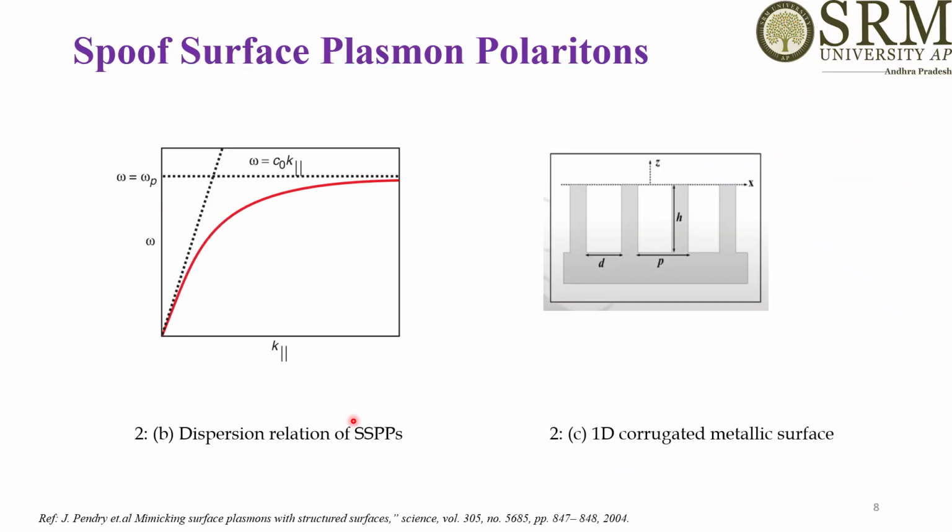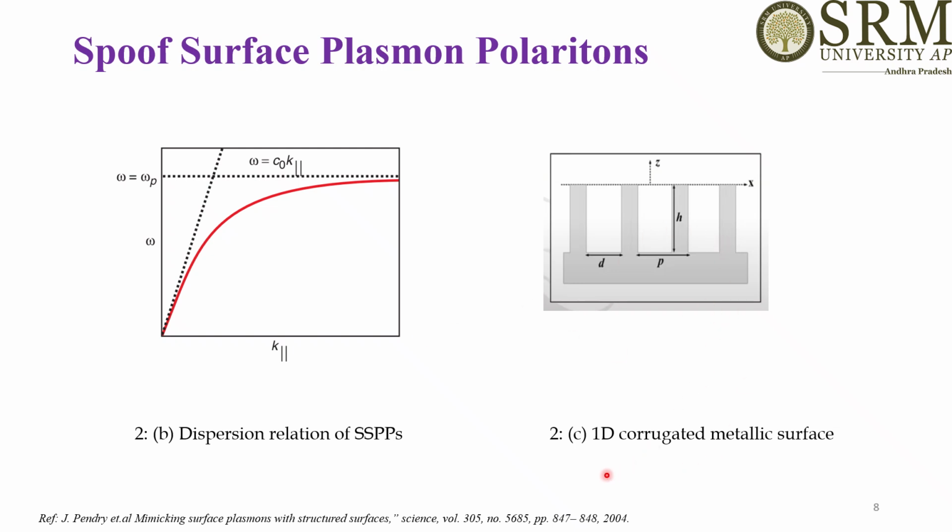In figure 2B, we can see the dispersion relation of SSPP. The black one indicates the light line, and this red curve explains the spoof surface plasmon polariton curve. We can call it a dispersion curve or cutoff frequency curve.